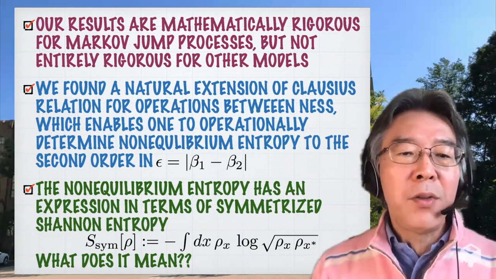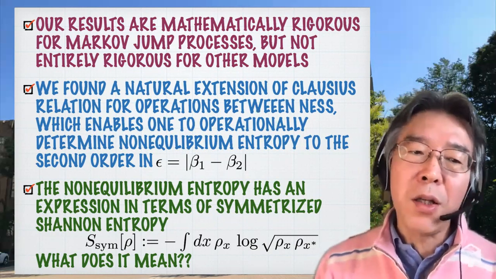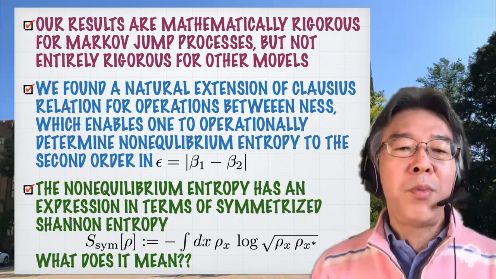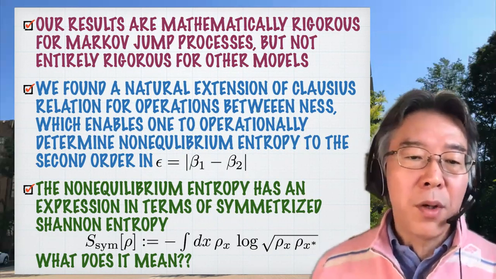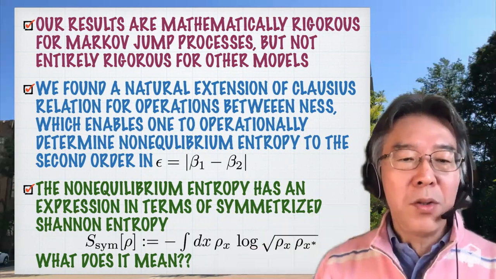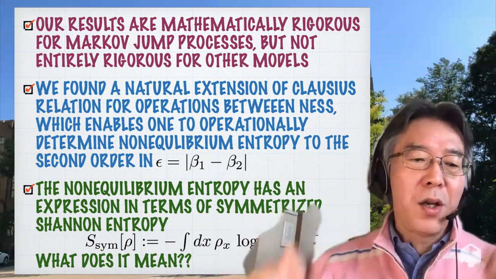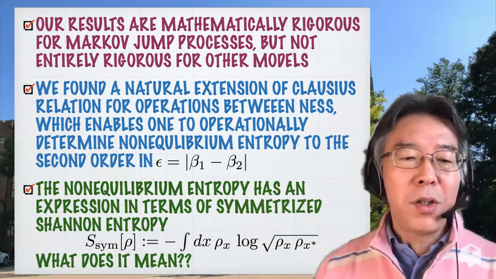But anyway, we found a natural extension of the Clausius relation for operations between NESS, which enables us to operationally determine non-equilibrium entropy to the second order in the degree of non-equilibrium, epsilon. And the non-equilibrium entropy has an expression in terms of symmetrized Shannon entropy, a twist. This is very suggestive, but we still don't know what this means.